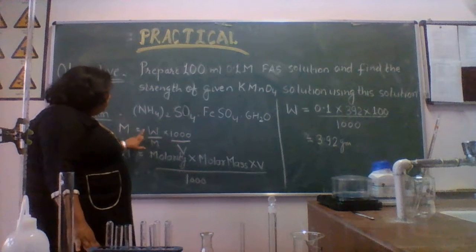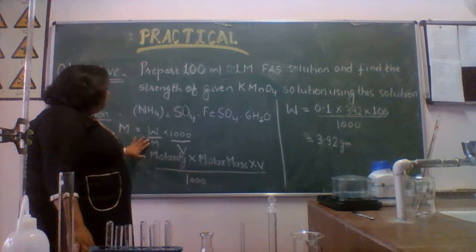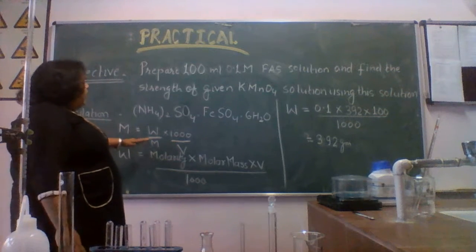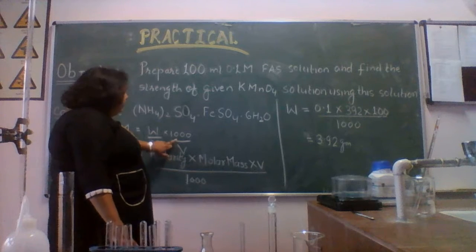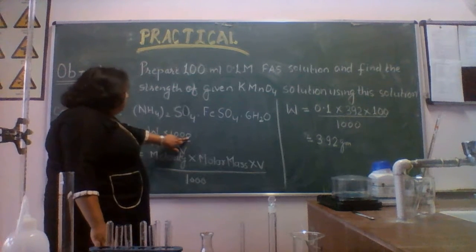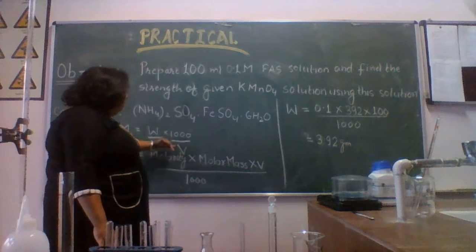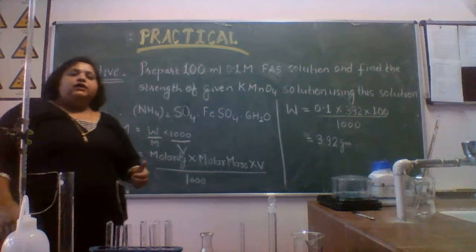In place of the number of moles, I have written W upon M. W is the given mass, M is the molar mass. I am taking the volume in ml, that's why I have used 1000 in the multiplication, divided by the V. This is the basic formula of the molarity.